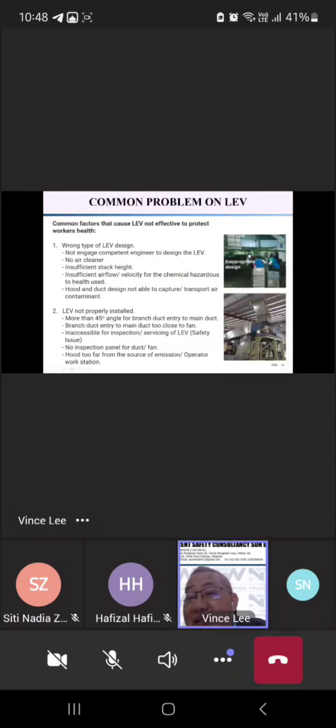And if you look at the two photographs here, where you have a canopy capture hood on top here, it looks like the process is not proper because they're not using it in a correct way, and the canopy hood is too high up.